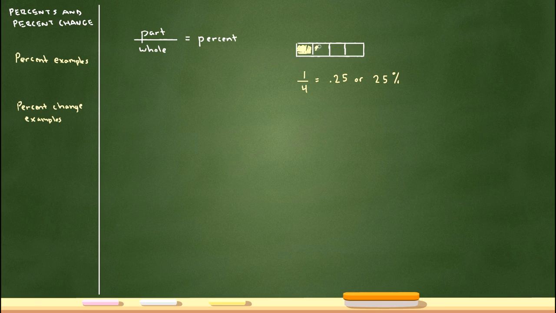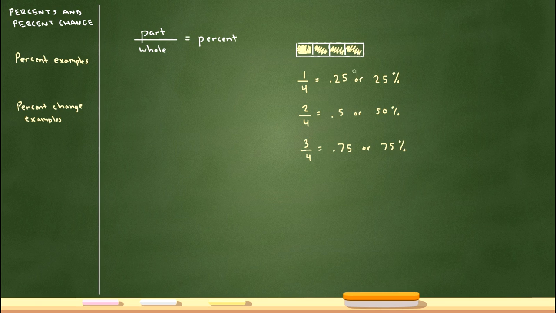Or if we shade in 2 blocks out of 4, then this is going to equal 0.5, or as a percentage, multiplying this by 100, we would get 50%. And if we did a third block, so if we shade this one in here, we see that 3 of them are shaded out of 4, and that's 0.75, or 75% of the entire rectangle.